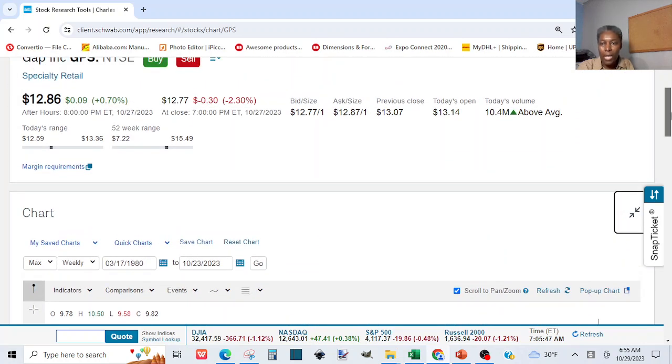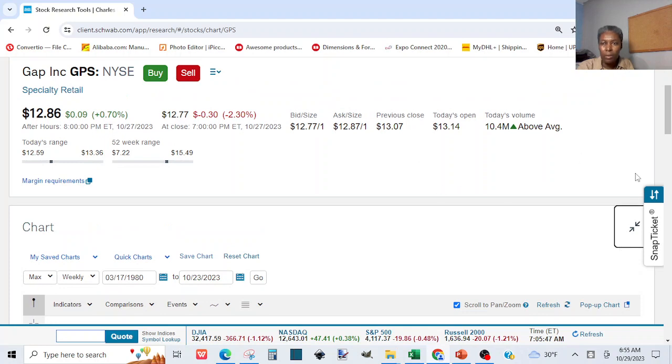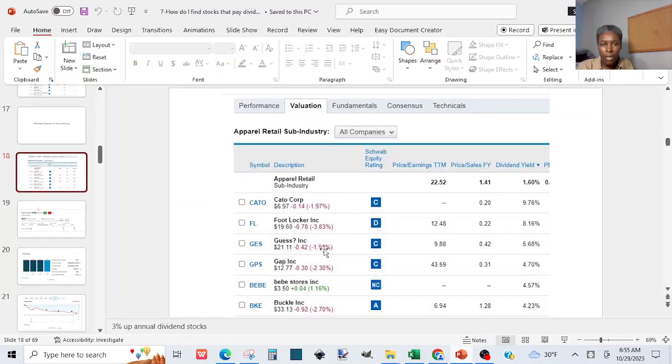Okay, so now let's go back again. So GPS is good growth and dip chart stocks, but has low dividend yield. That's that.